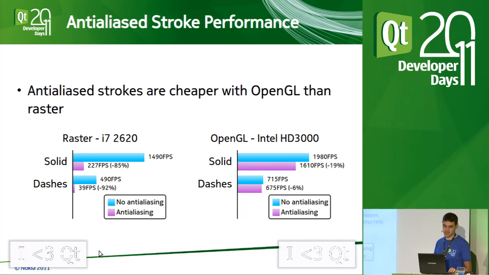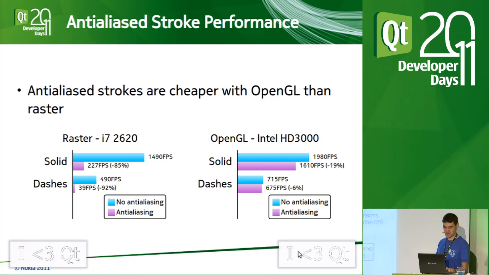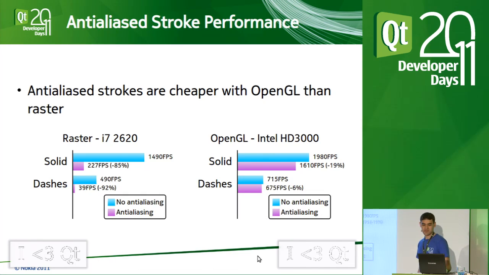So you lose 85 or 92% if you can see those numbers when rendering this image or this image with the Raster paint engine. On OpenGL, the stroking has been optimized to generate triangles directly, and there is almost no performance loss. And that's because the bottleneck is not really the GPU in this case, but rather the generation of strokes.